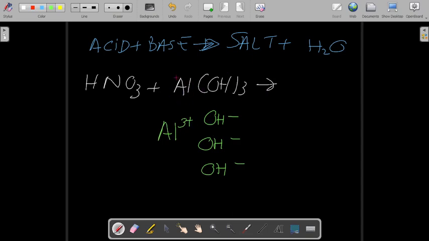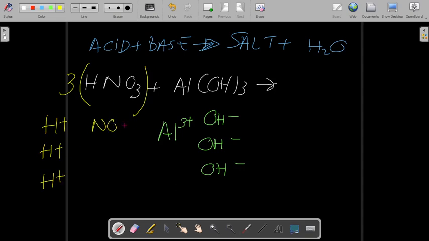make this aluminum happy. Now, in this case, to make water, you're going to need 3 of these molecules because you need 3 hydrogens to make water right here. So I'm going to need 3 of these to provide me with the 3 protons that I need to make water.